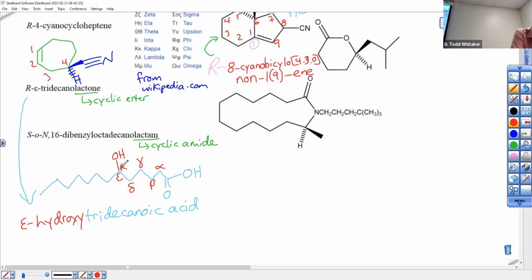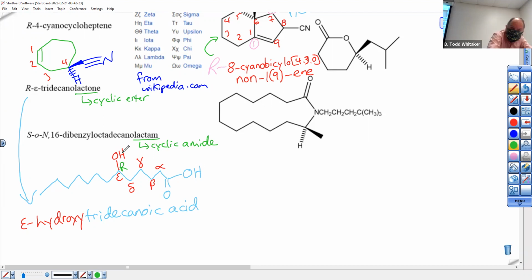I didn't like, that's an unfortunate choice of color there. An R stereo center, but this is not giving me points. I'm not going to do it here. So we're going to have a ring with that O attached to the carbonyl, because that's what esters look like. Water's lost. This is going to be gone.